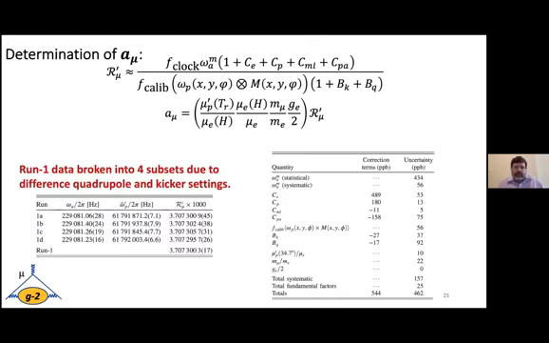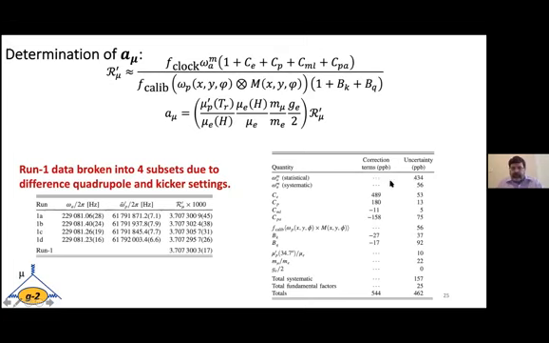Just to show you some of the numbers, the Run 1 data set was broken down into 4 subsets. This was due to different quadrupole and kicker settings, but you can see here that all the numbers turn out to be very similar to each other, despite the different settings.